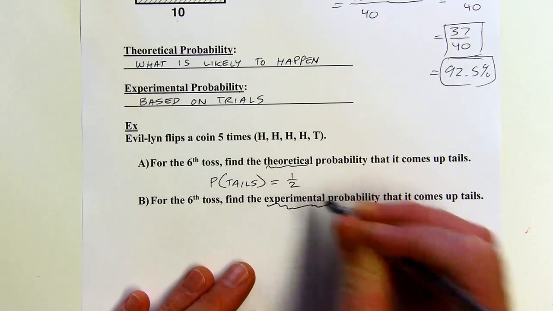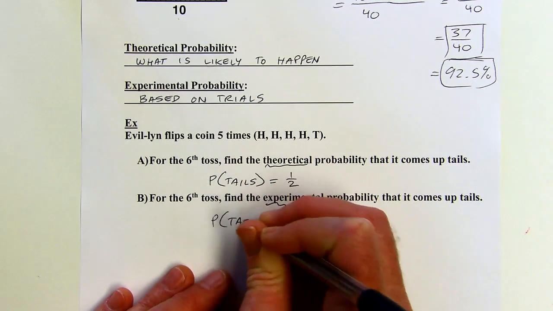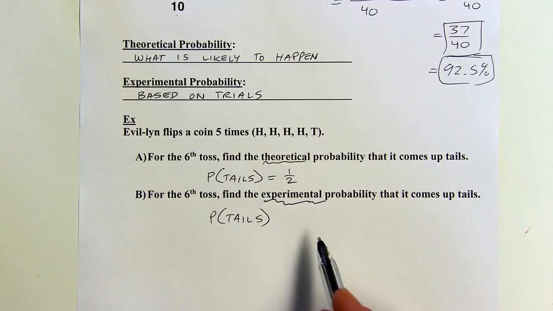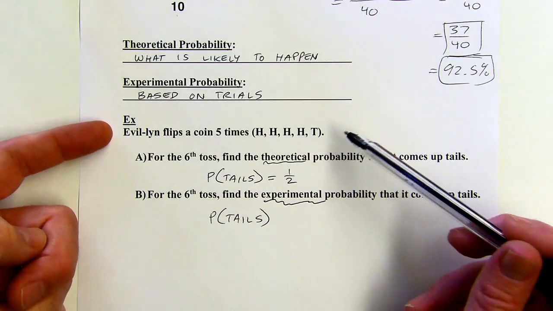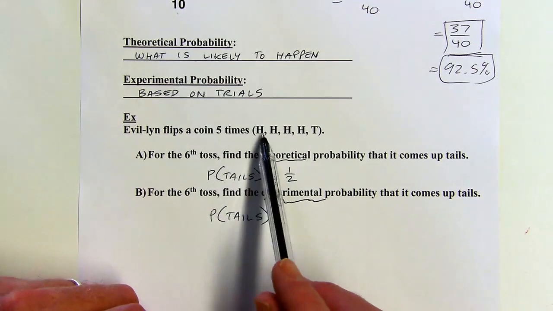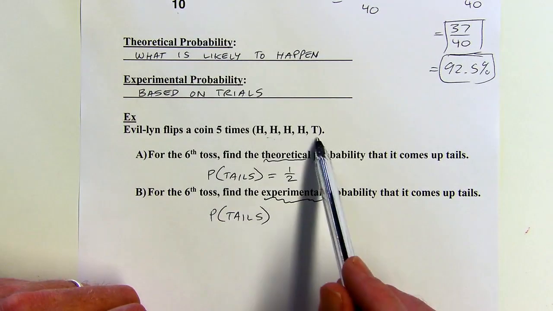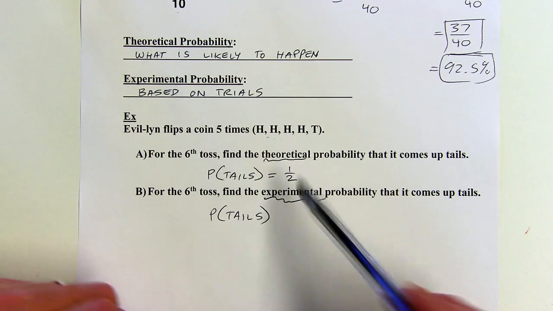But the experiment is the same question. Now we want the probability that this is going to come up tails, but this is experimental, okay? So let's say Evelyn is an alien and comes from a world where there are no coins. And so all she has to go on is what has already happened. Well, up here we can see that tails happened 1 out of 5 tosses.